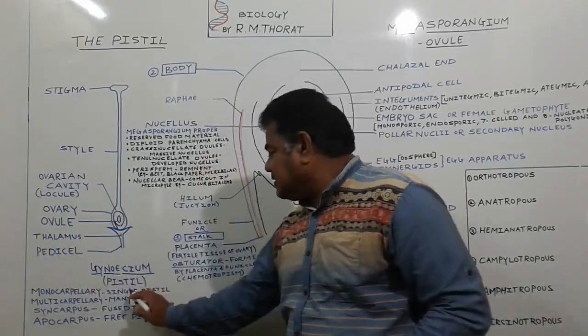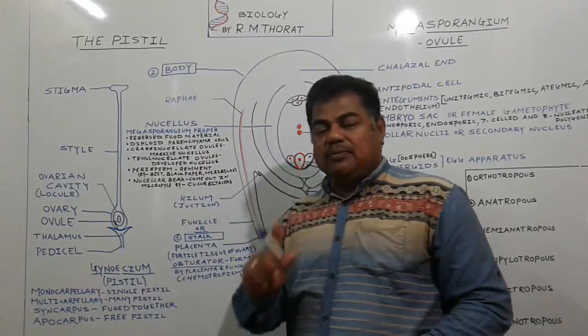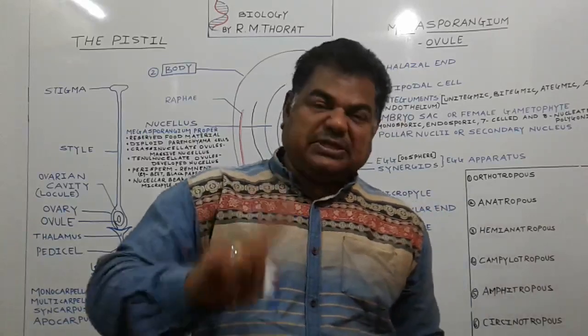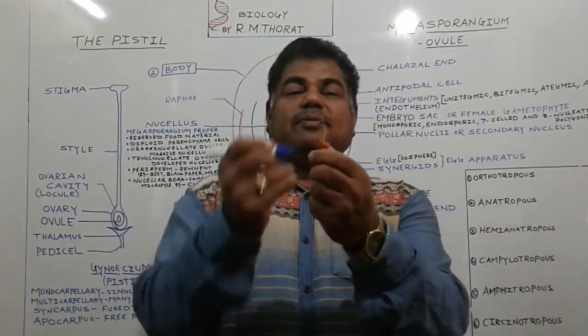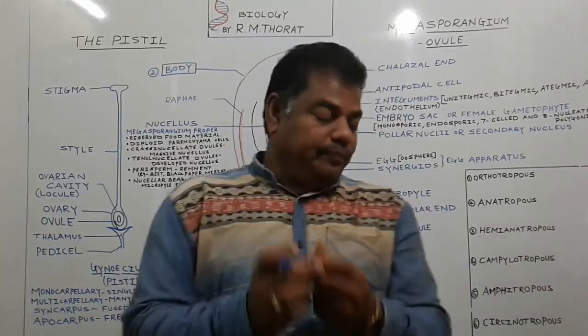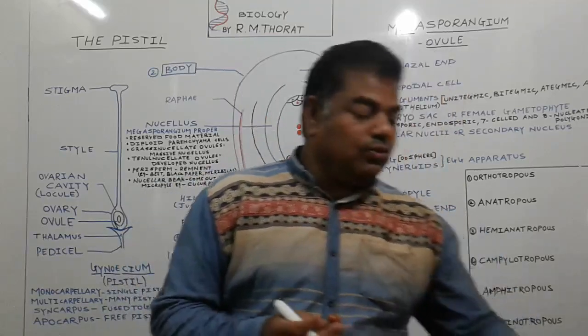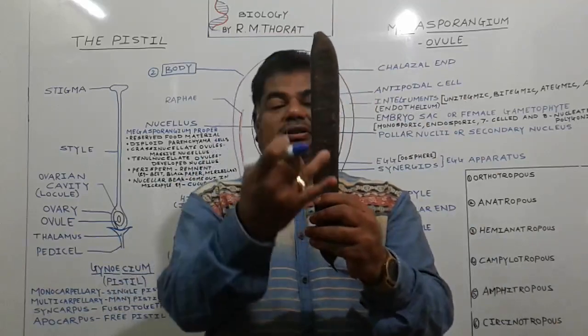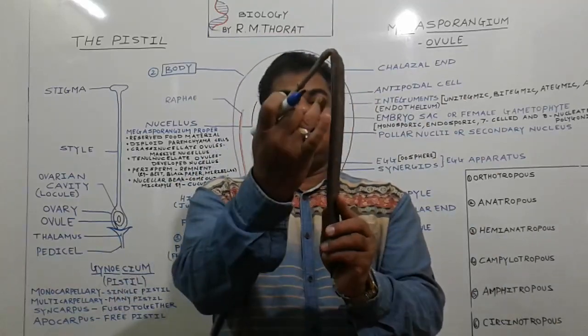Monocarpellary means a single pistil, made up of only one carpel. That one carpel we call a pistil. In the case of Delonix regia, if we see the fruit of this Delonix regia, it is made up of this one pistil.